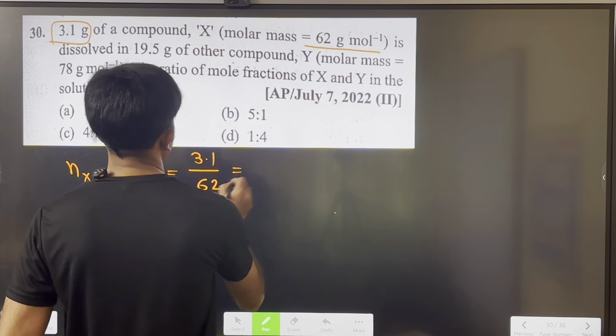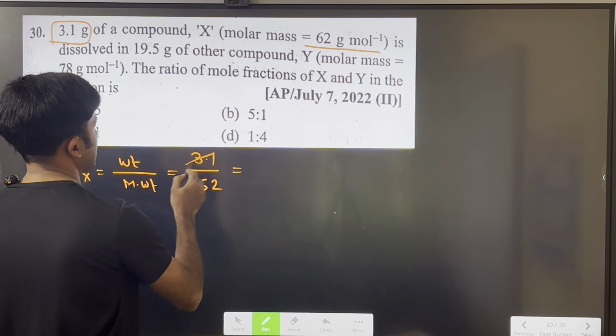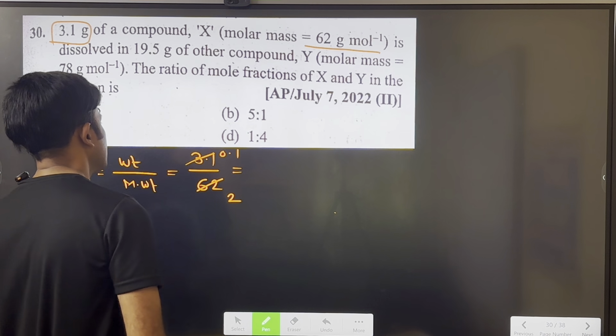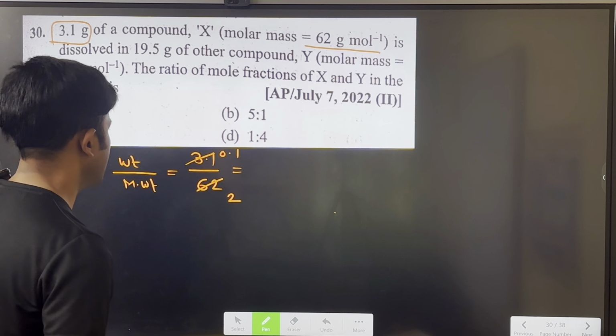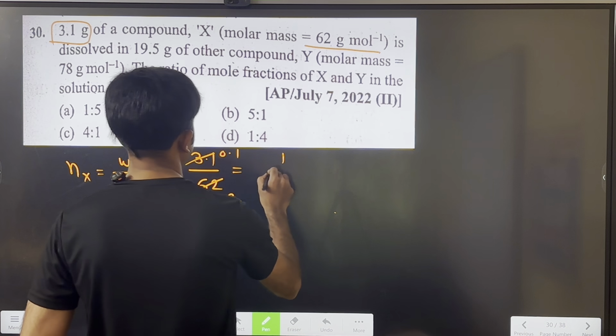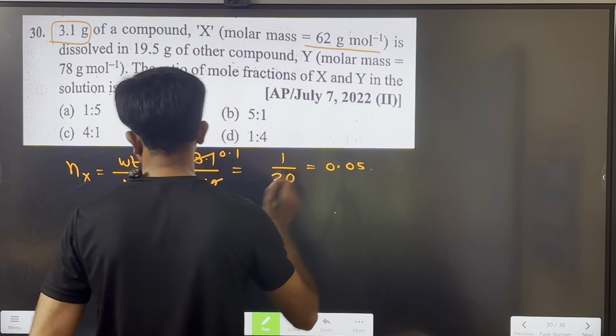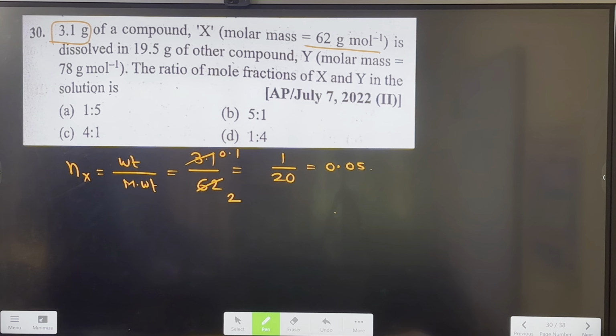How much is it? 31 times 1 is 31, and 31 times 2 is 62, right? So 0.1 by 2. This we can write as 1 by 20, which is equal to 0.05, right? And this is the number of moles of X.